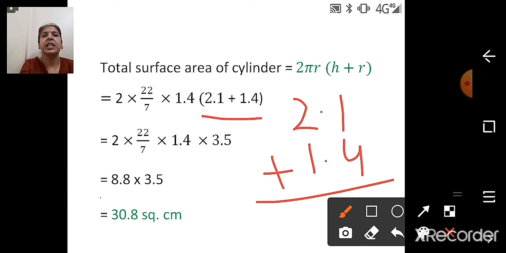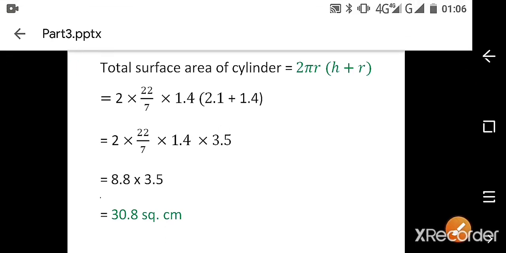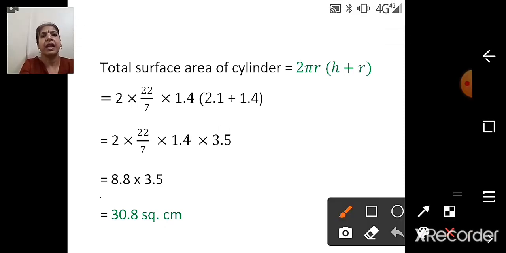Arrange decimal below decimal. So you will get 3.5. So we have got the answer 3.5. Then next step is, we will divide. 7 ones are 7, it is 0.2 as we have done in the previous calculation. Then we will multiply 2 with 22. You will get 44.